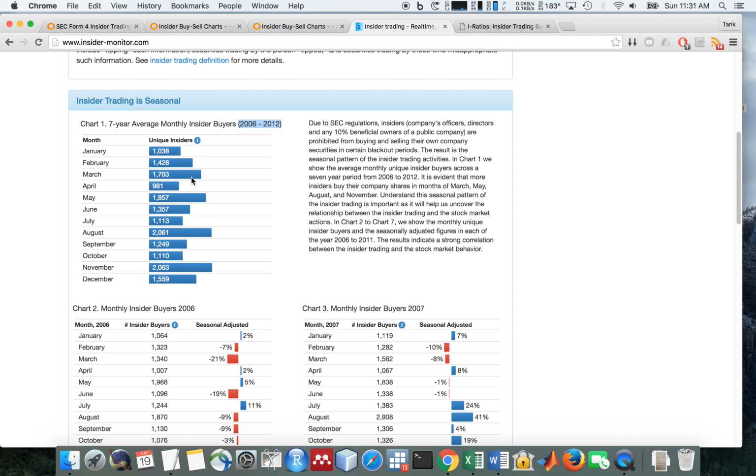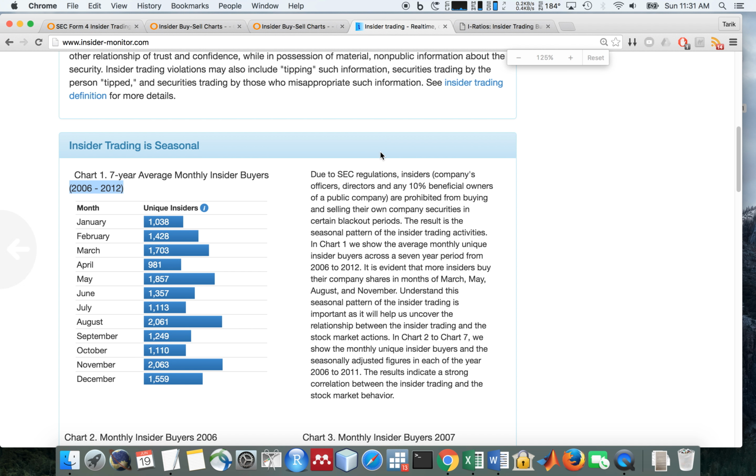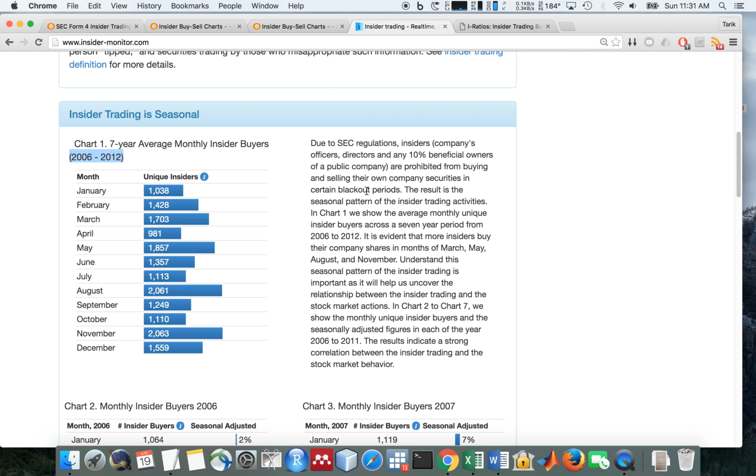You can see there's some seasonality here, and this figure explains that the seasonal patterns of insider trading are partially a result of the blackout periods around earnings announcements. When companies announce first quarter earnings in April, or earnings in July, or earnings in October, you generally have lower numbers of buyers.